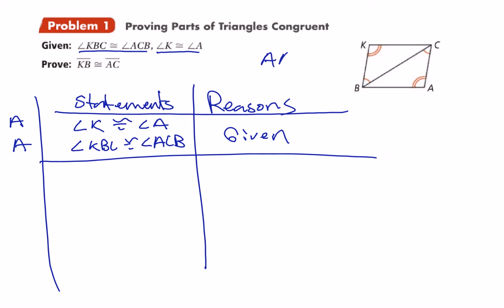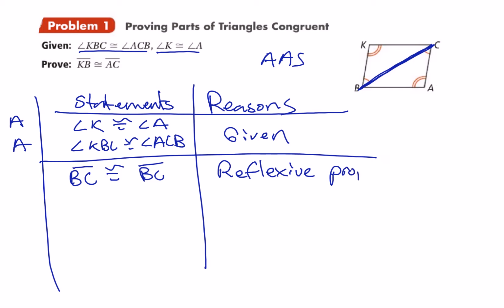I'm going to use angle, angle, side to show the triangles are congruent. There's my two angles already. And then I need to show that BC is going to be congruent to itself. So side BC is congruent to side BC, and the reason is the reflexive property. So that gives me a side. Now I can say that the two triangles are congruent.